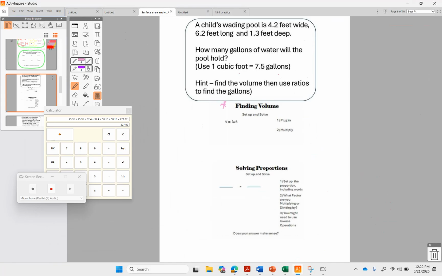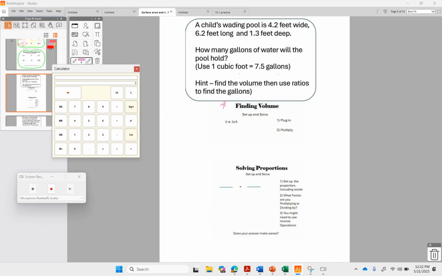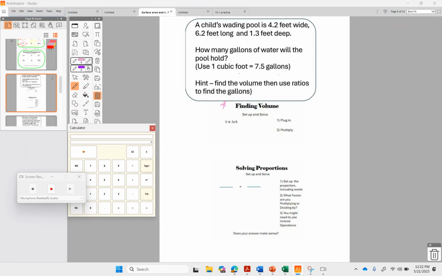So if I have to hire a company to bring water to fill up my pool, I need to give them that way. So if you use the math mat, as I said, there's a math mat on finding volume. For that math mat, to find the volume, you're going to multiply the length, which is 6.2. It really doesn't matter what order you put these in.